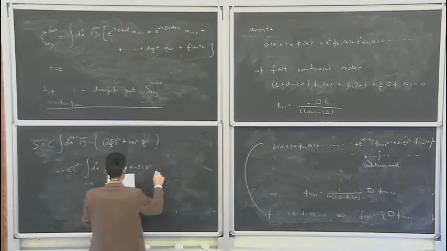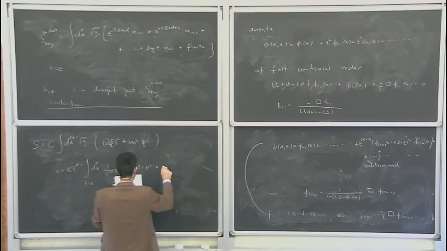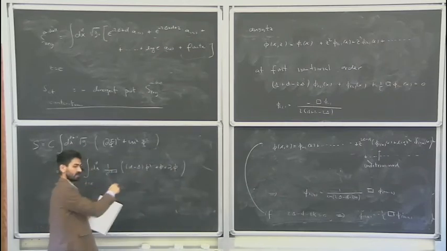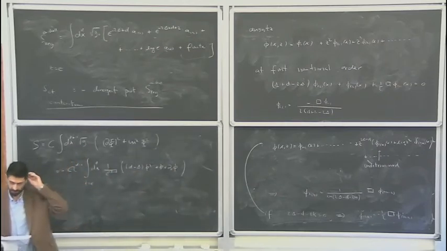There is a quadratic term, and then there is a term which is phi, that's the usual one, the epsilon phi. Okay, so this term comes just from the change of variable between capital phi and small phi.